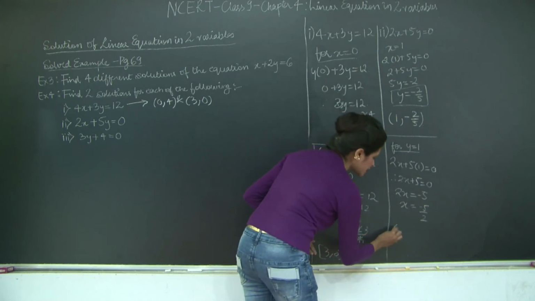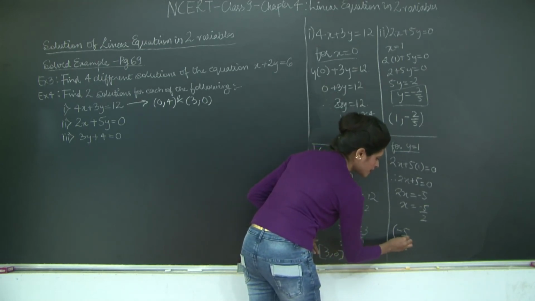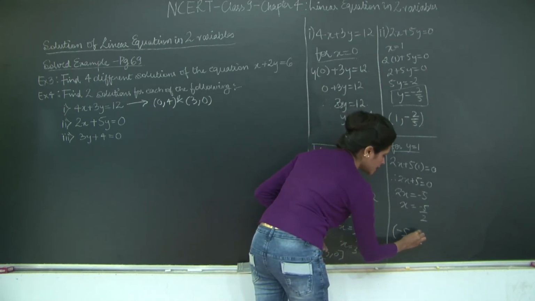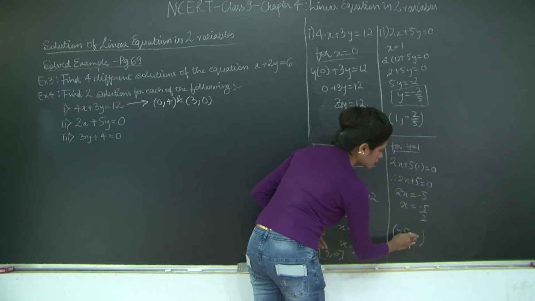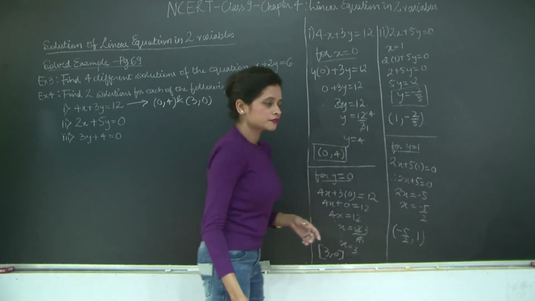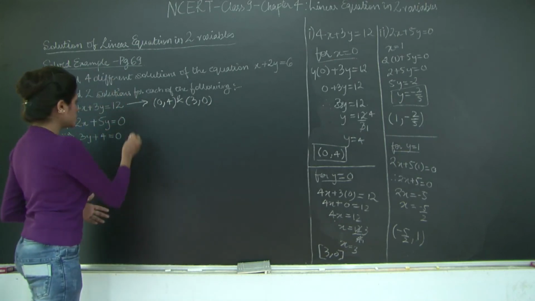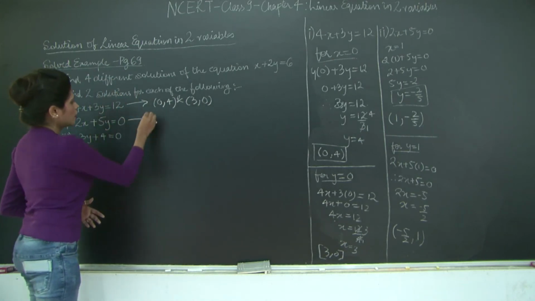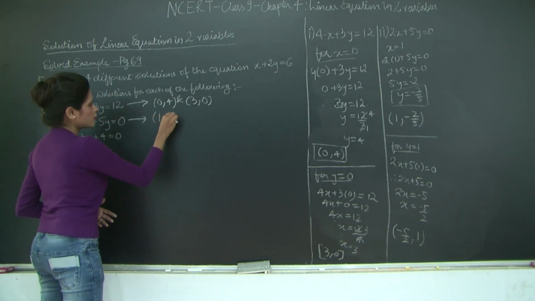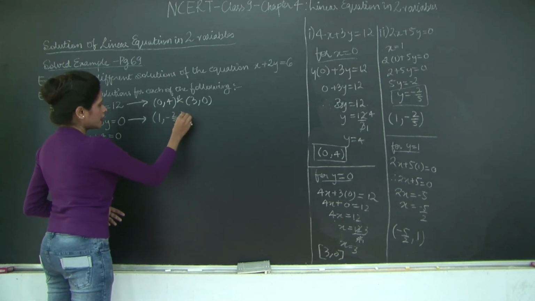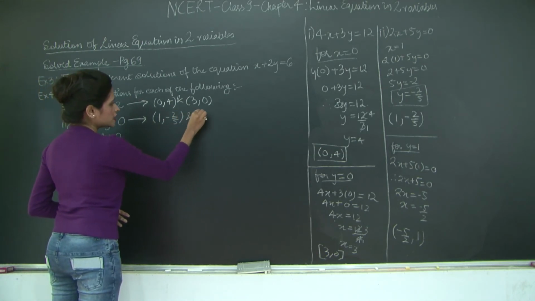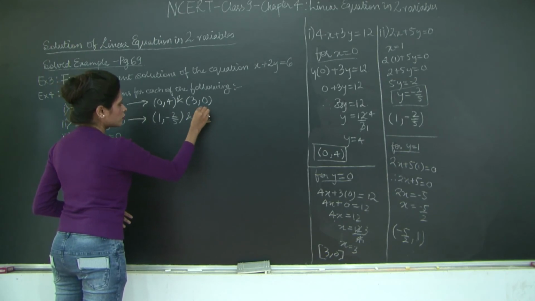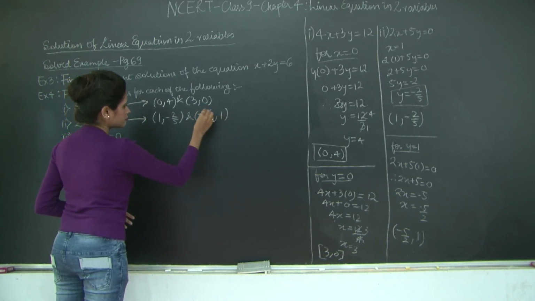So what's my solution in this case? Always the value of x first and then y: (minus 5 upon 2, 1). So I'll just write the answer over here. We have two solutions, (1, minus 2 upon 5) and (minus 5 upon 2, 1).